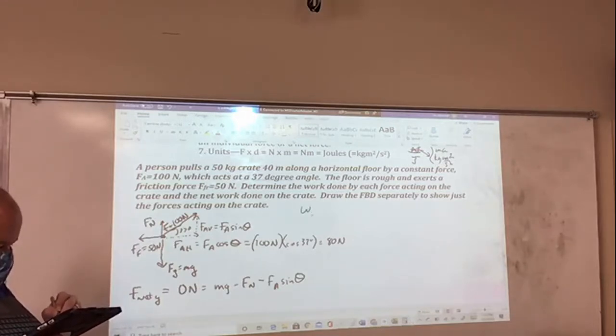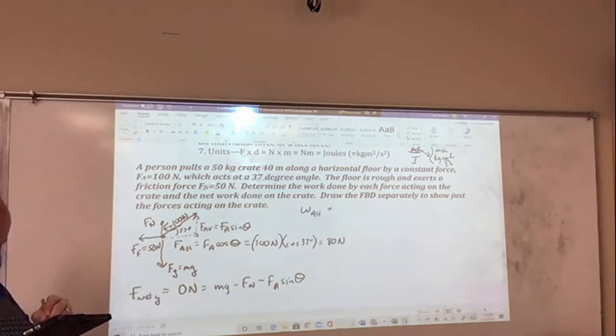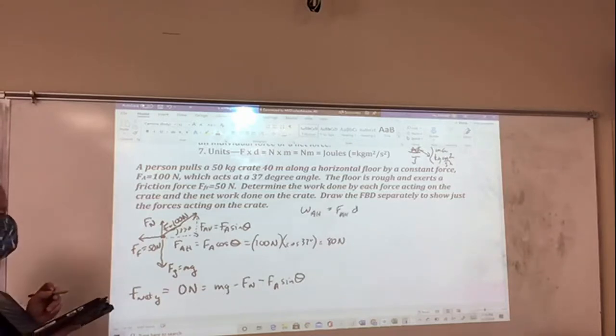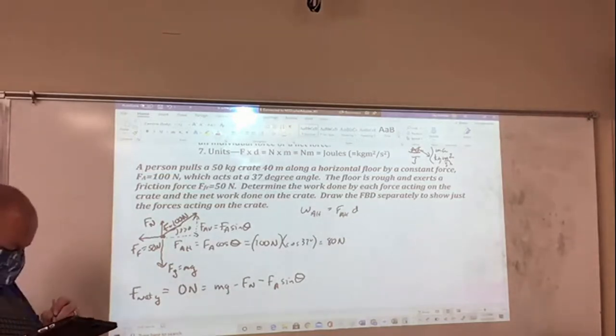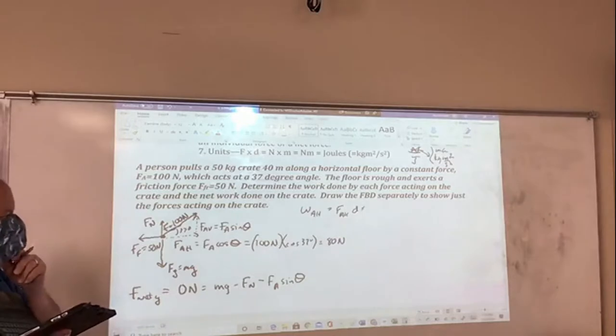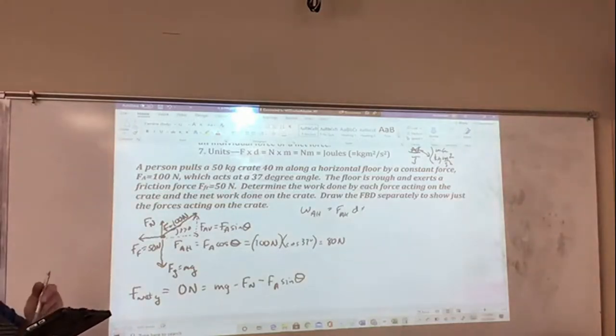Work applied in the horizontal direction is going to be force applied in the horizontal direction times the distance. Now, let's be careful how we approach this because we've got two different ways that we can approach this.